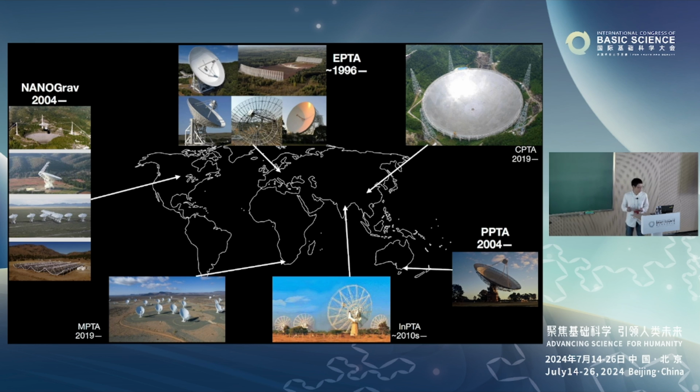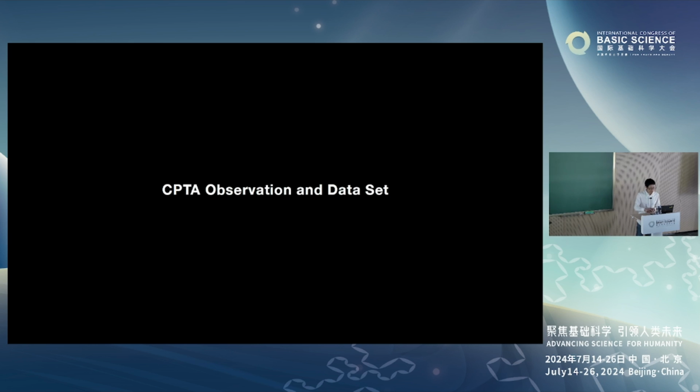However, we have a very high sensitivity compared with other PTAs. Before going to the results of gravitational wave searching, I want to talk about some details of the data reduction to make you believe that although the CPTA data is quite short, we are doing robust research.